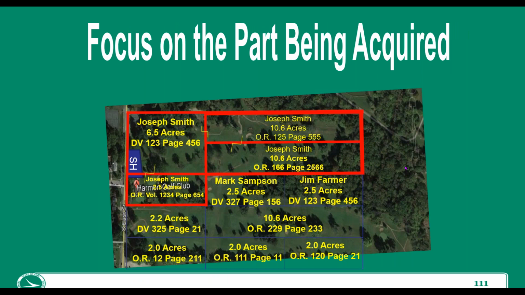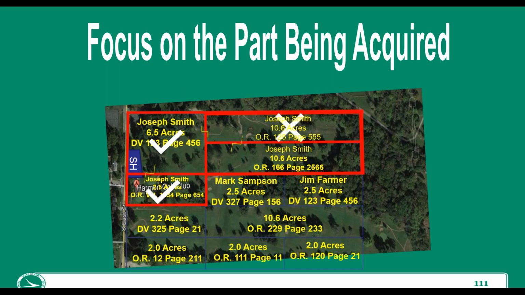So, and I'm just throwing this out there, you don't have to answer, Joseph Smith's 6.5 acres, would we research that? Yes, we would. His 2.5? Yes, we would. And that's probably going to end up being two different chains because he got them at two different times.